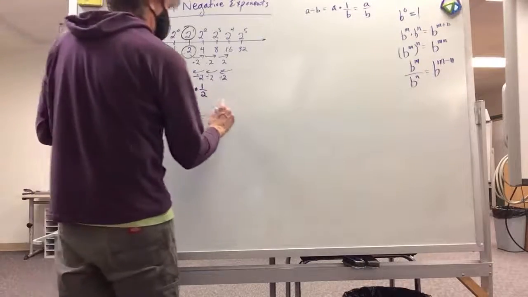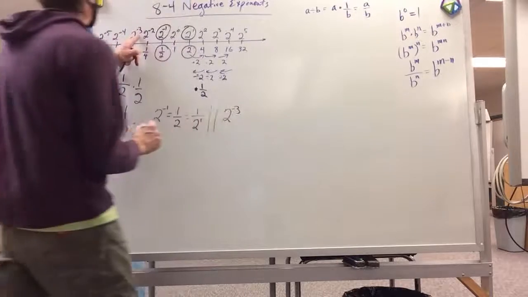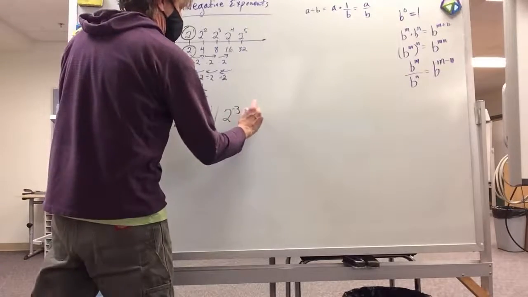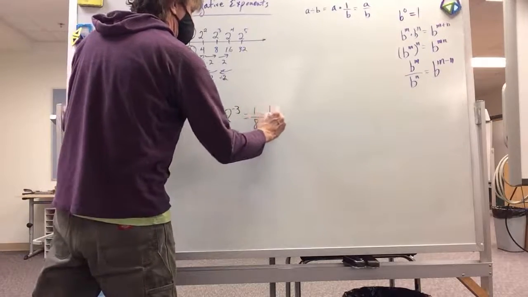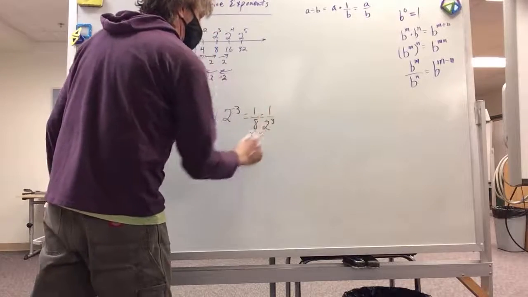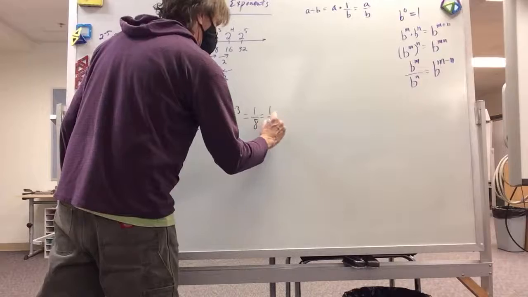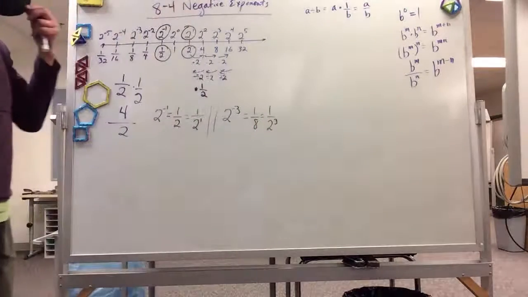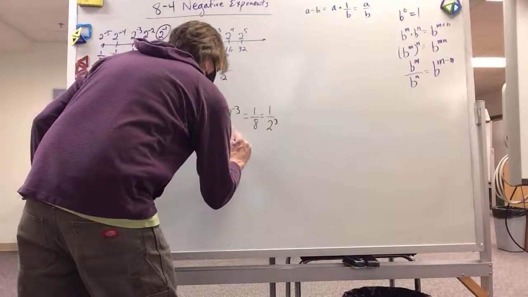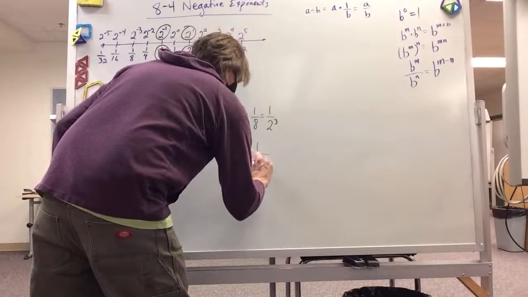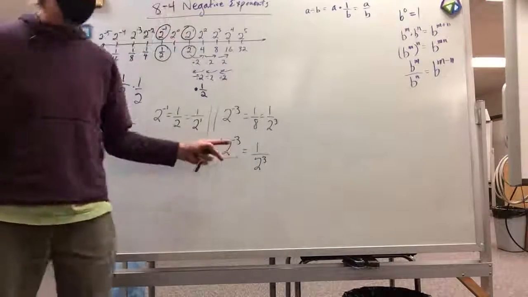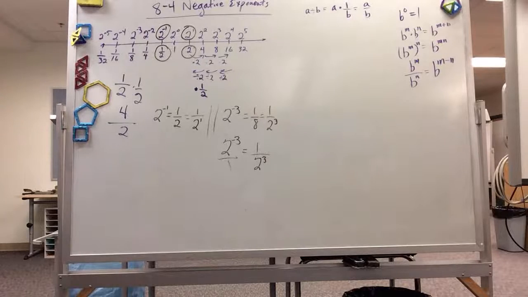Say 2 to the negative third is 1 over 8. And that's the same as 1 over 2 to the third. So if we cut out the middleman here, 2 to the negative third is the same as flipping it upside down and changing the power from the negative to the positive.